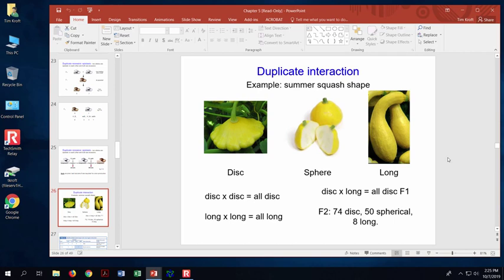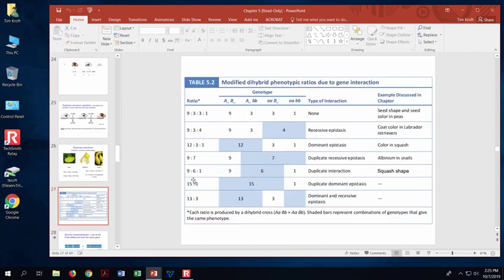And here, if you look down where it is right there, your phenotype ratio becomes 9 to 6 to 1. And so instead of 9 to 7, if you have one big A and one big B, as the first one does, then you're going to be the completely flattened out shape. And if you have none, you're the completely long crookneck.